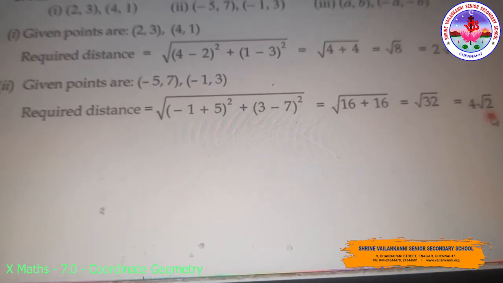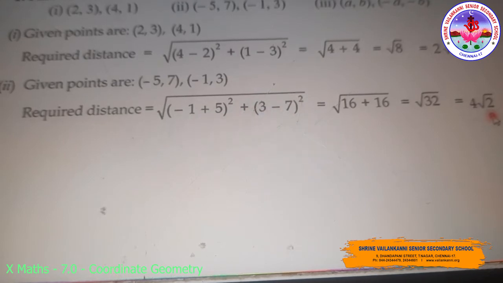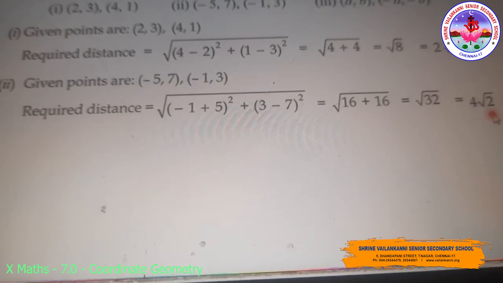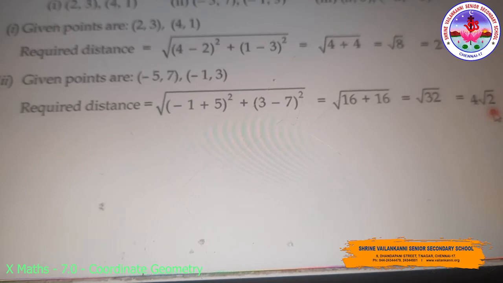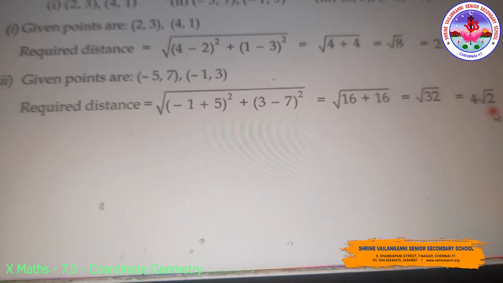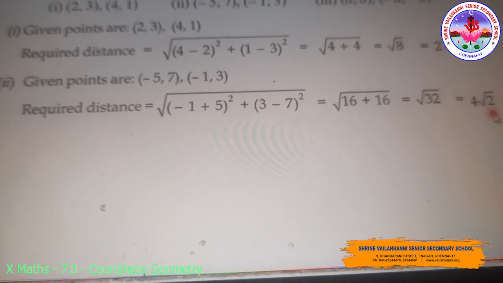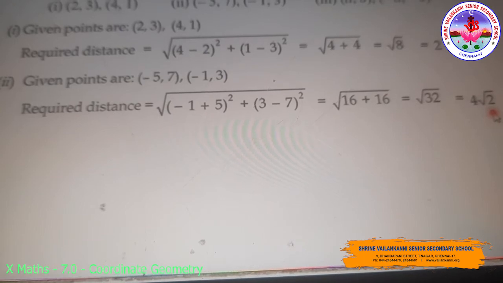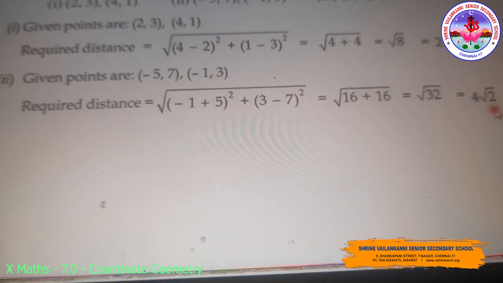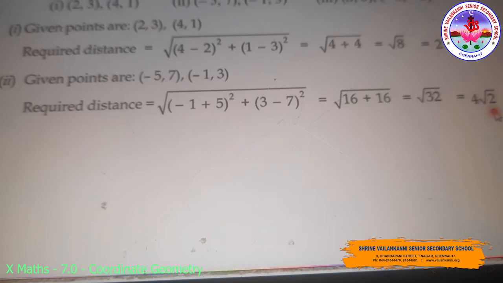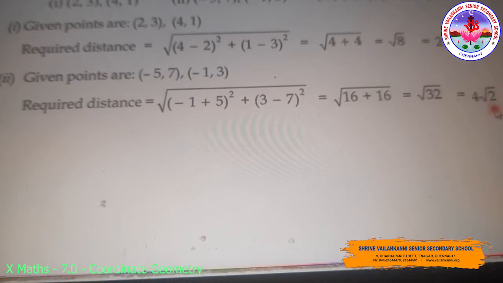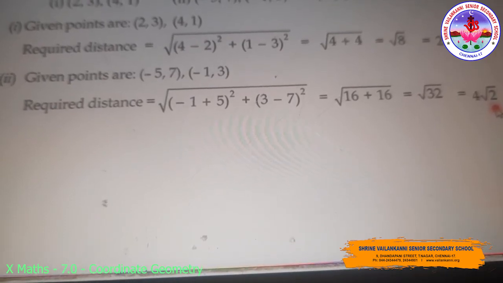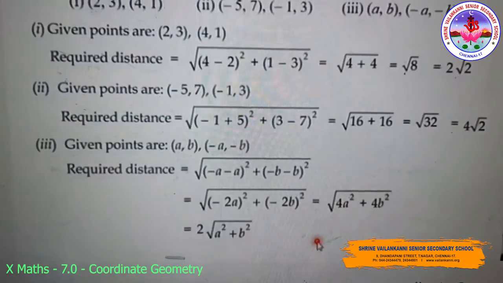So it becomes plus 5, the whole squared, plus 3 minus 7 the whole squared, which is equal to the square root of 4 squared plus minus 4 squared, which is equal to the square root of 16 plus 16, which is equal to the square root of 32. So we get 4 root 2.